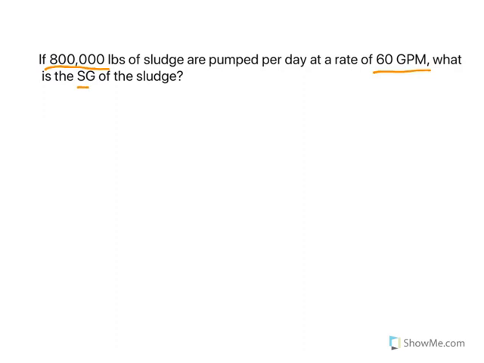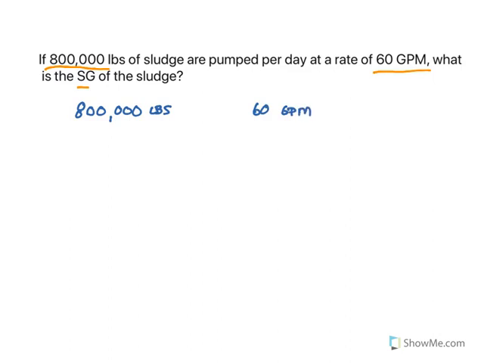So in this case, 800,000 pounds of sludge, we have 60 gallons per minute.